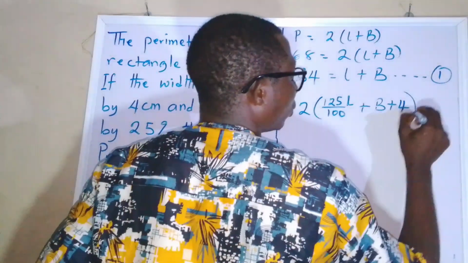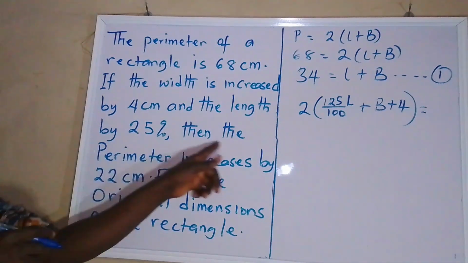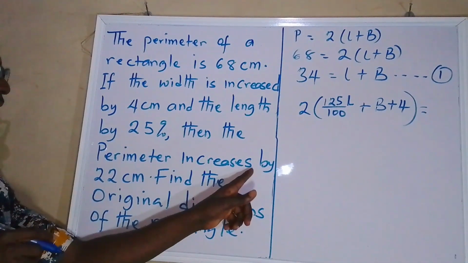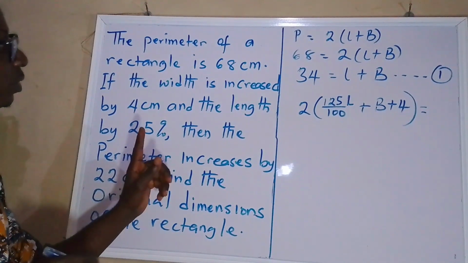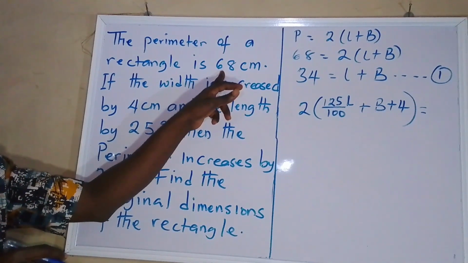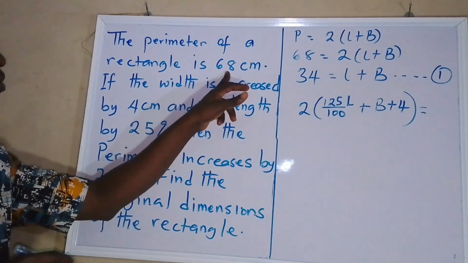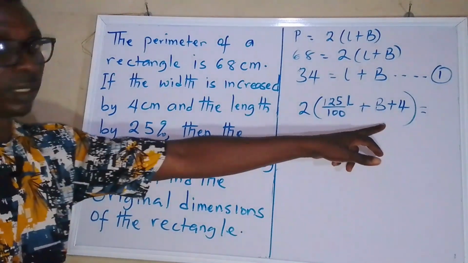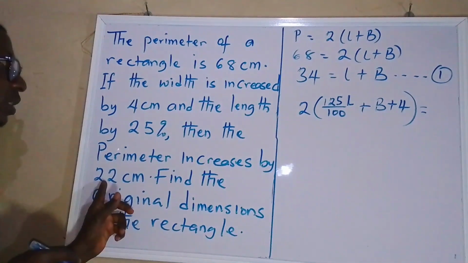So what now happened to the perimeter? The perimeter is increased by 22. So that means, of course, the perimeter was 68 before. So when all this changes, the perimeter is now increased by 22.